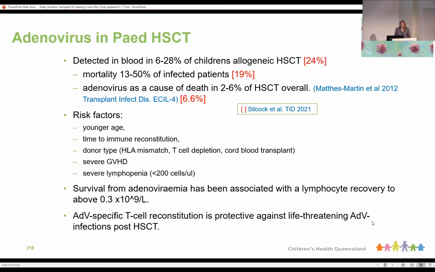So the younger age, the time to immune reconstitution, the donor type, particularly T cell depletion and cord blood, mismatch of cord blood, severe GVHD, and quite nicely associated severe lymphopenia. So anything less than 0.2, significant risk for disseminated adenovirus. And conversely, and logically, survival from adenoviremia is associated with a lymphocyte count of more than 0.3.